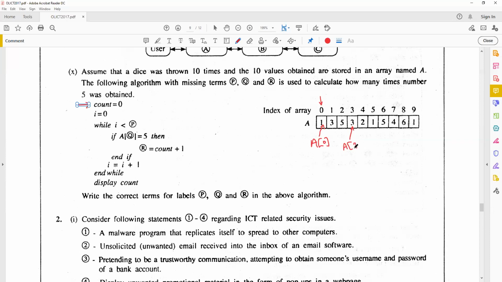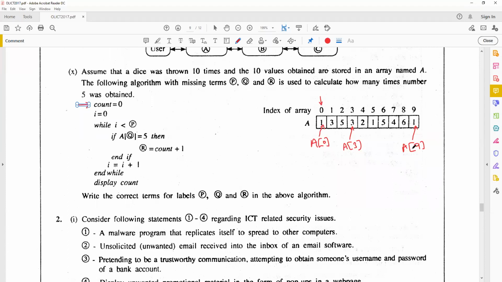So this is how we will represent numbers inside the array. The last one is A9. So start with 0, it goes like this, and we have to check whether this is equal to 5.